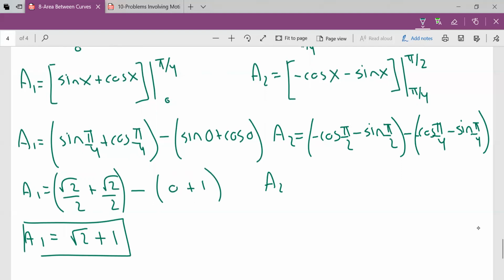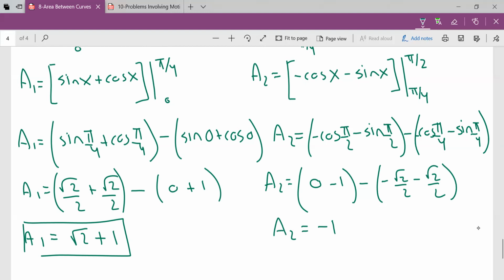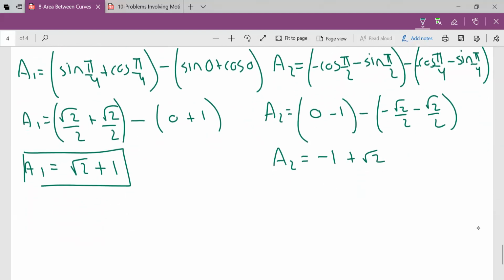Okay, area 2, cos at pi half is 0, sine at pi half is 1, minus cos at pi quarter is root 2 over 2, sine at pi quarter is root 2 over 2. So area 2 is negative 1, and then in here we've got plus root 2 after we simplify that thing down, because that would be negative root 2, and then the negative makes it a positive. So there's our two areas. Perfect.